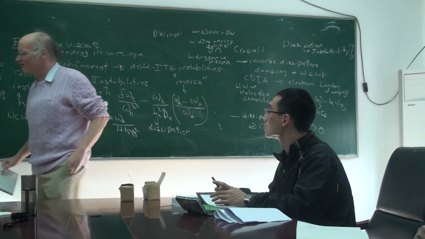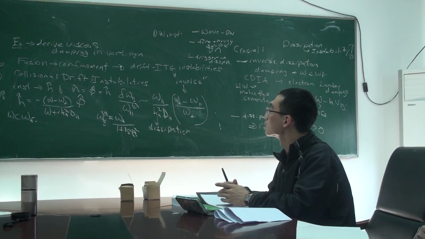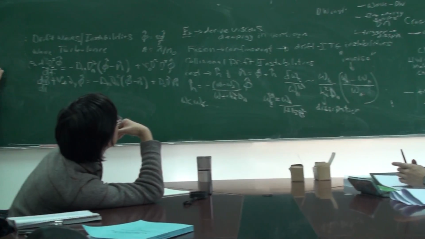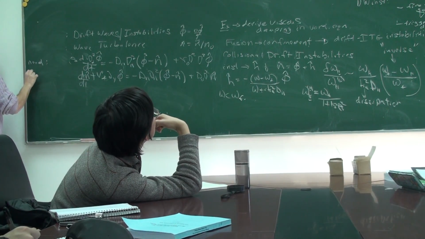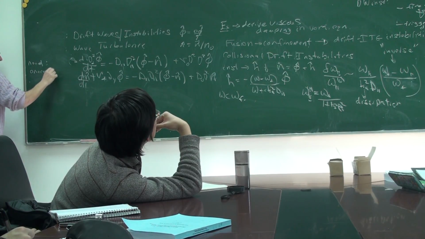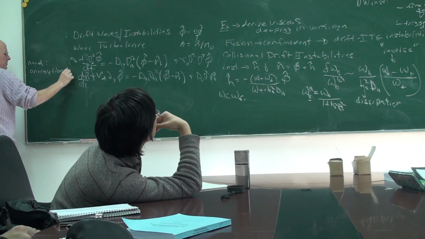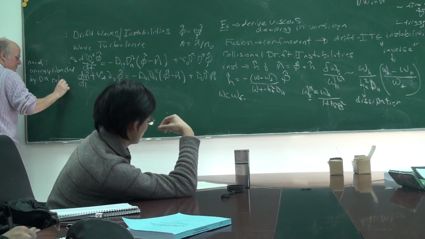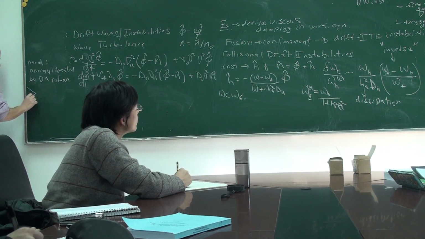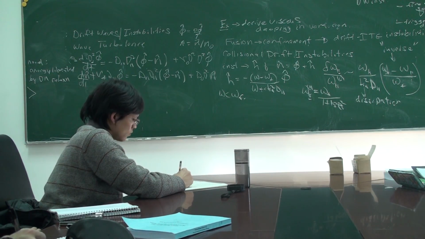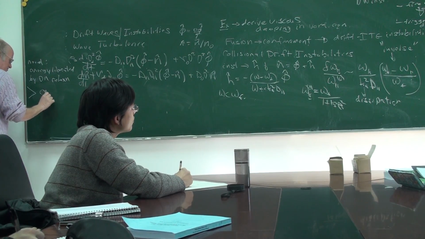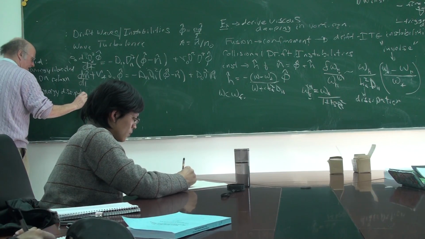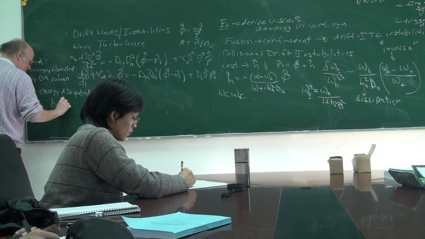Well, for this not to be a swindle, it had better be true that the energy liberated by grad N relaxation had better be bigger than the energy dissipated by this parallel diffusion.